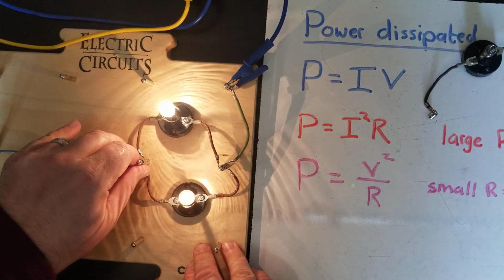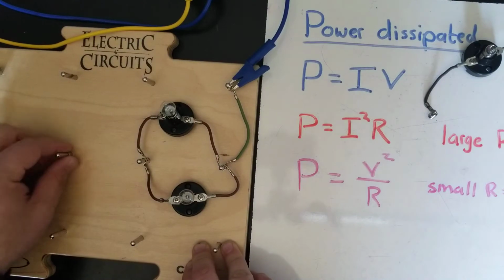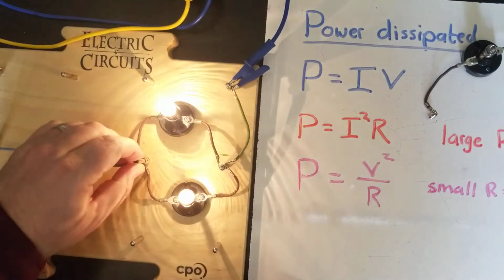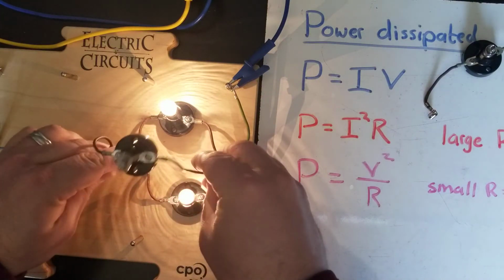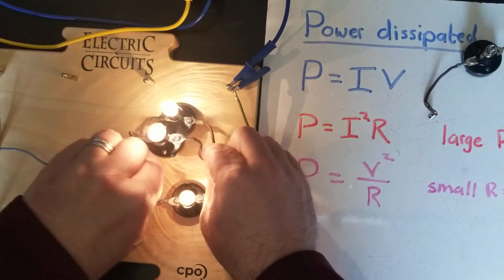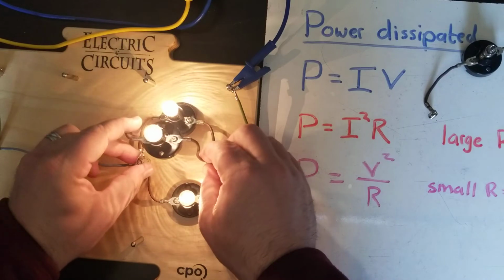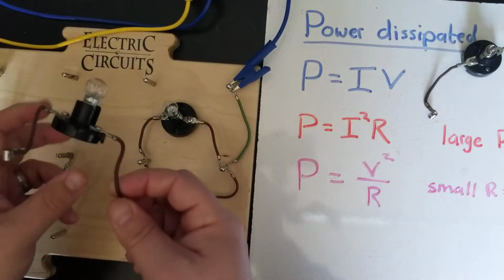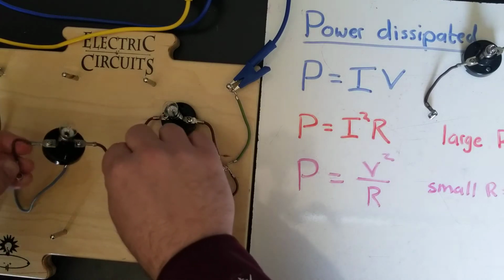Let's do this now. Let's add a third light bulb. There's a third identical bulb. Let's see what happens if we put this bulb right here.